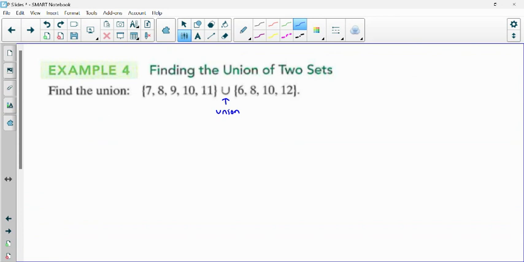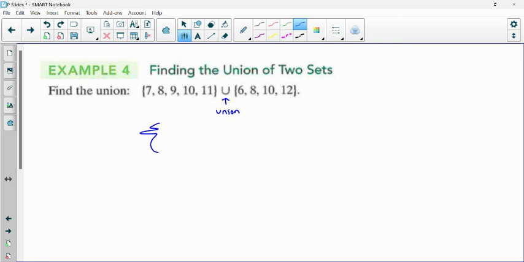Okay, so again, the word union means or. So it can be in one of the sets, or it could technically be in one or both of the sets, but you don't have to write it twice. So as long as it's in one of the sets, it's going to be written down.